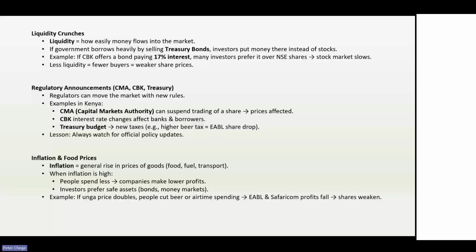So basically, CMA, NSE, CDSC, registrar, they don't play an active role interacting with the client. It is the broker. The broker will receive the money, receive the order, execute, transfer the money, and make sure the shares are credited in your CDSC account. That's it.